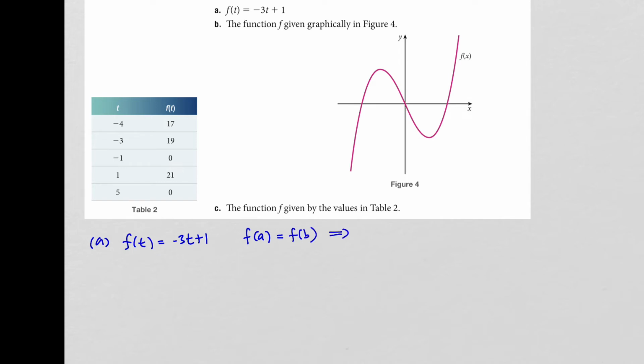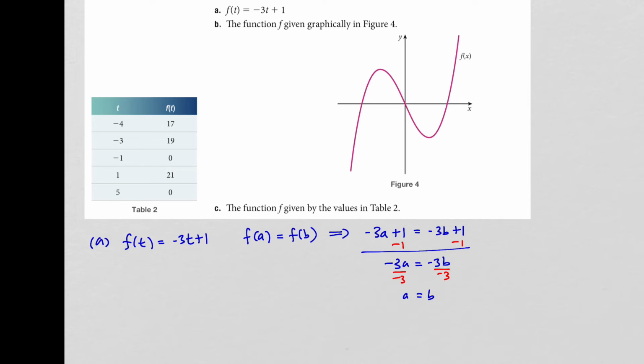Well, f of a is negative 3 times a plus 1, and f of b would be negative 3 times b plus 1. And if f of a equals f of b, notice that if we subtract 1 from both sides, we end up getting negative 3a is equal to negative 3b. Then if you divide both sides by negative 3, you can see that this must mean that a is equal to b.